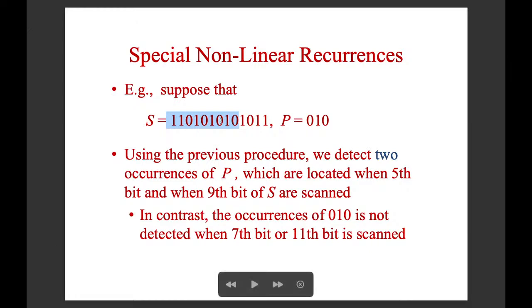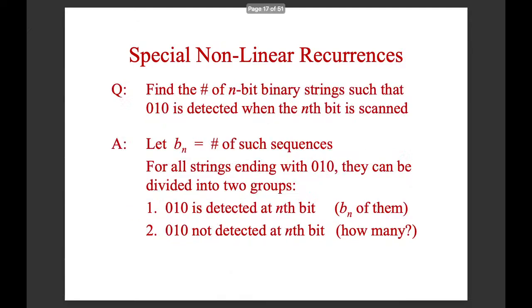But we do not find this pattern when the 7th bit is scanned. We find this pattern when the 5th bit is scanned. For this problem, we focus on all the possible n-bit binary strings, and among them, how many will have 010 detected at the last bit?